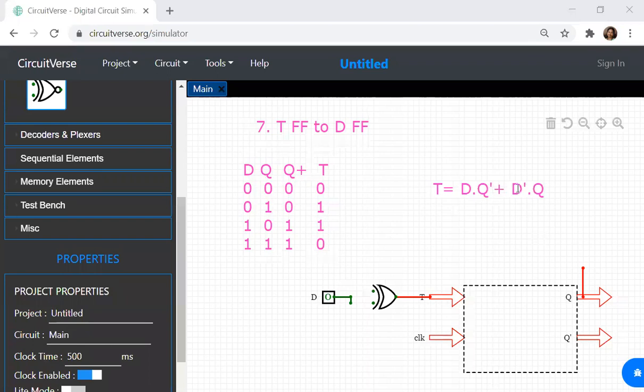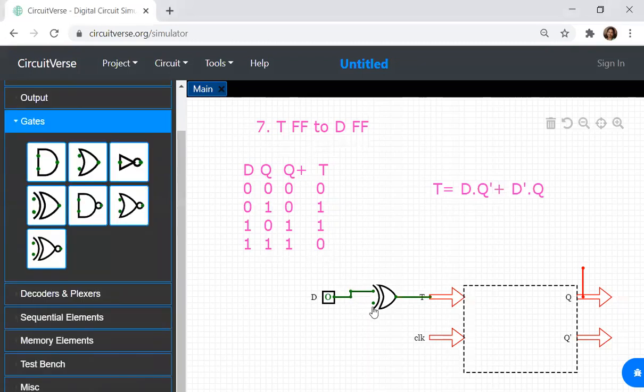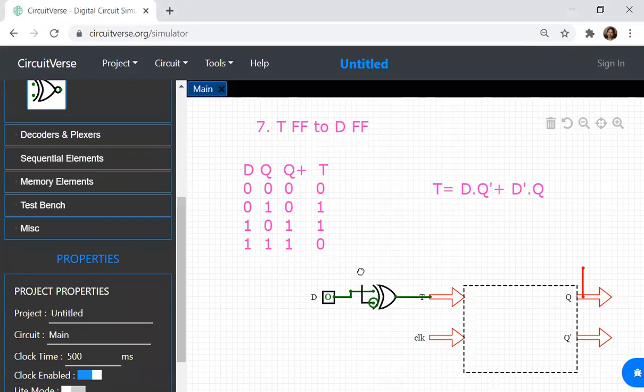So it is D into Q bar plus D bar into Q. If we fill this, we will get the conversion from T flip-flop to D flip-flop. So I've just converted it.